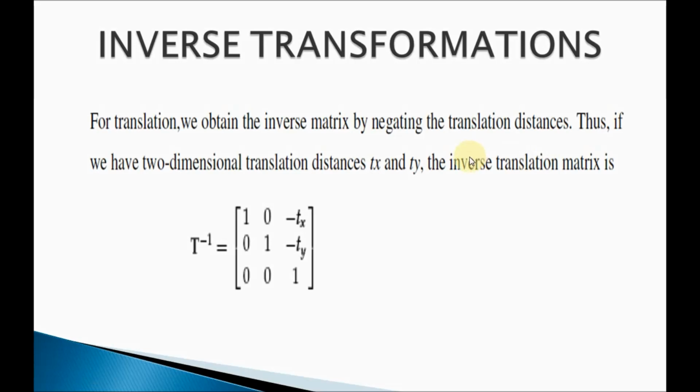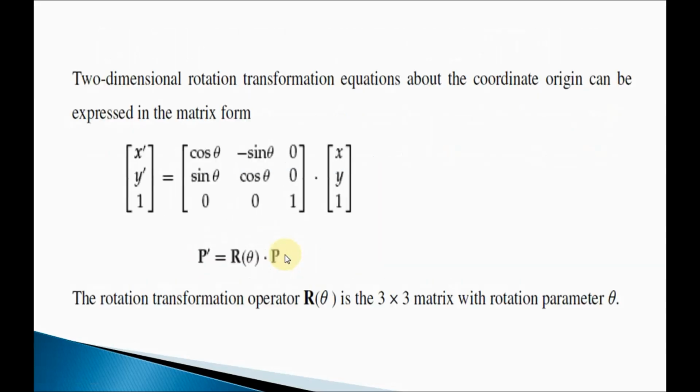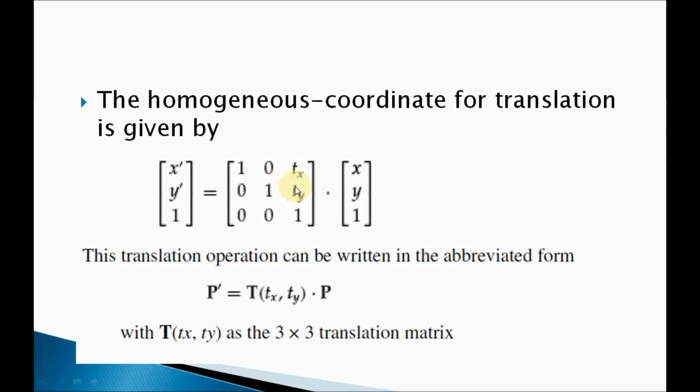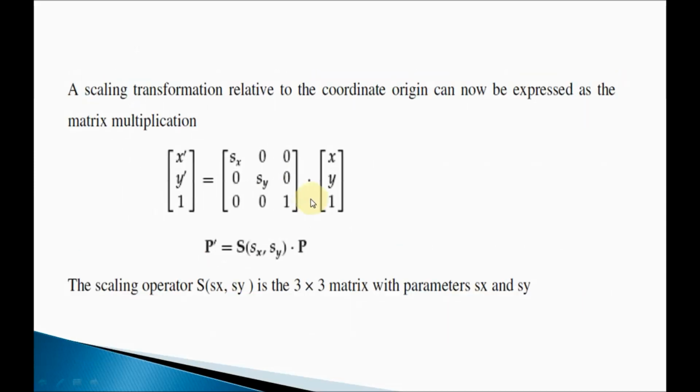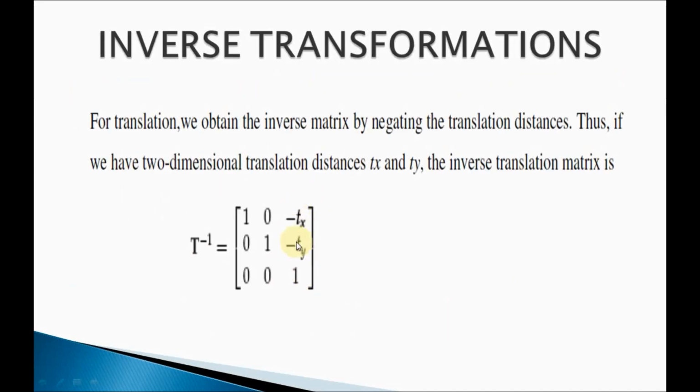Just negate those values: minus tx, minus ty, T inverse, the inverse of translation. Same matrix only. Inverse means reverse, opposite, right? That's why instead of the plus value, I am using the minus value here. Simple, I should negate it.